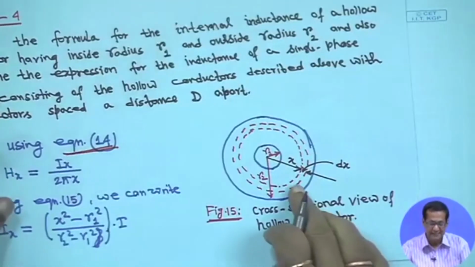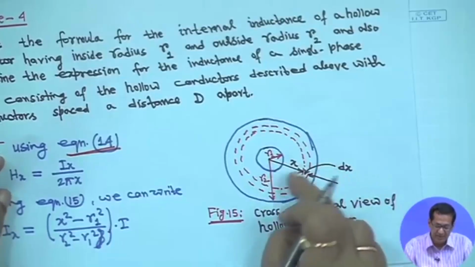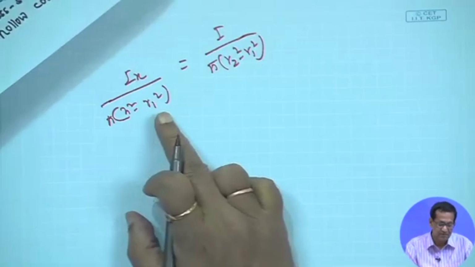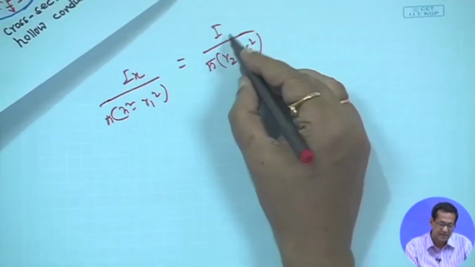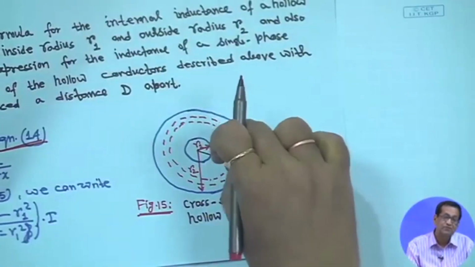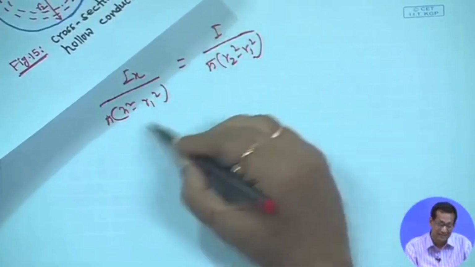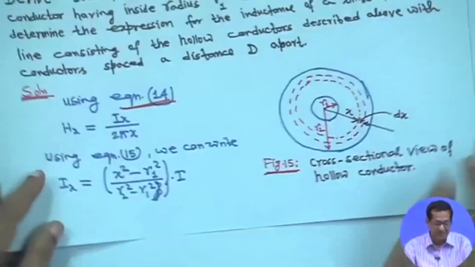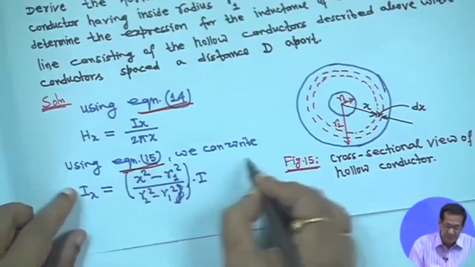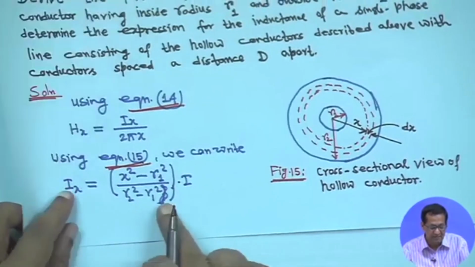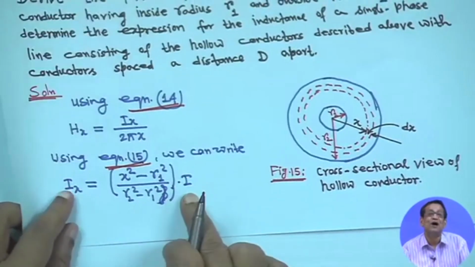So, at a distance x, the area of this one is pi x square minus pi R1 square, pi into x square minus R1 square, is equal to I over the solid portion's area, I upon pi R2 square minus R1 square, current density same. From that only, that is equation 15, Ix we write as x square minus R1 square divided by R2 square minus R1 square into I, right.